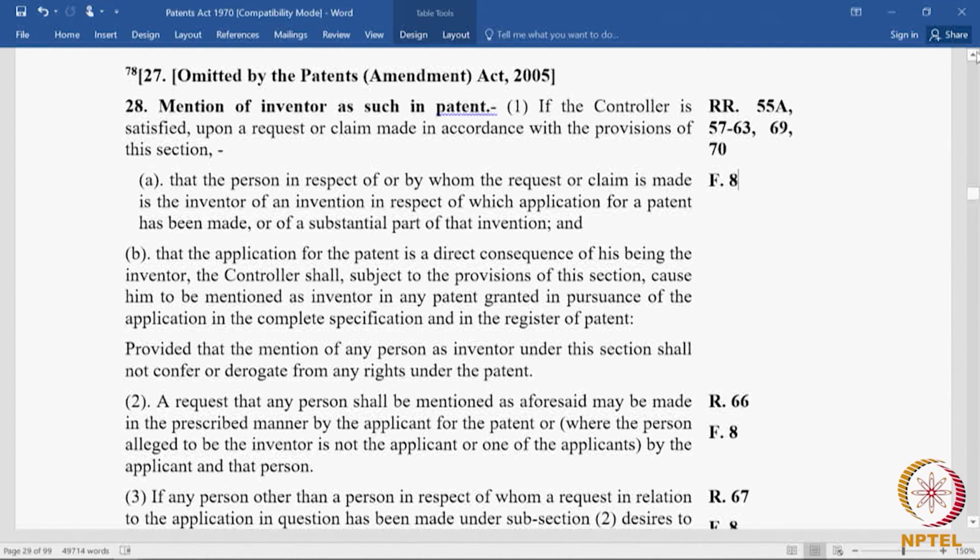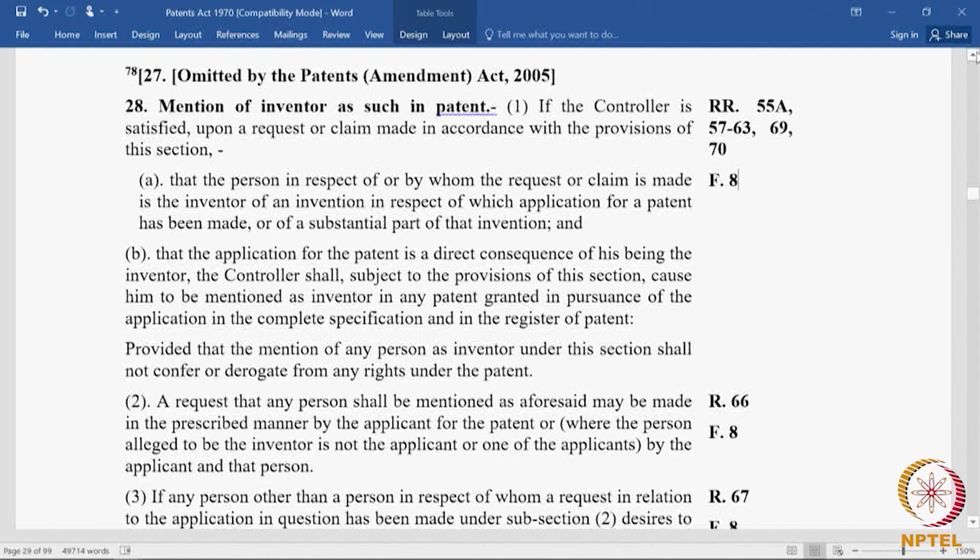So, the claim or the request could be to state that an inventor is the inventor of an invention as a whole, or he is the inventor of a substantial part of an invention, and B. that the application for the patent is a direct consequence of his being the inventor, and the application that was filed because he invented the invention.